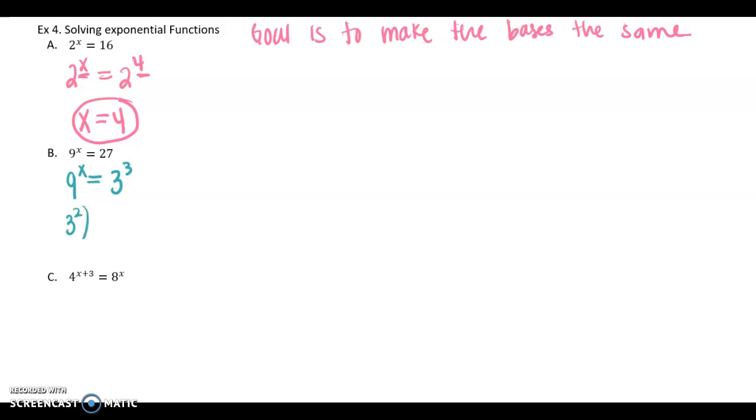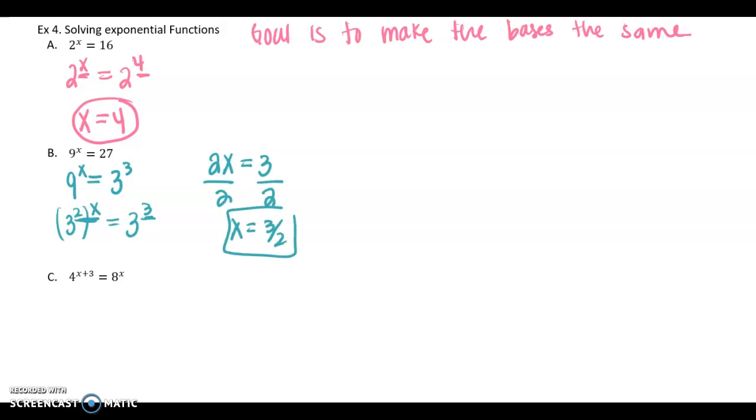So 3 squared, to the x, equals 3^3. So basically the exponent is 2x, and now that we have the same base, you could set the exponents equal to each other. So 2x equals 3. Solve for x, so divide by 2. X equals 3 over 2, and that would be your answer.